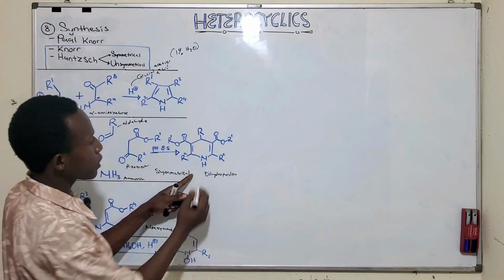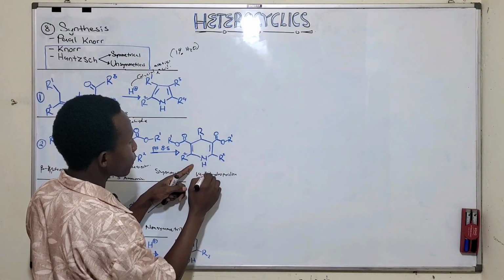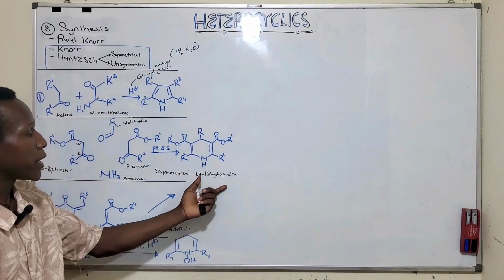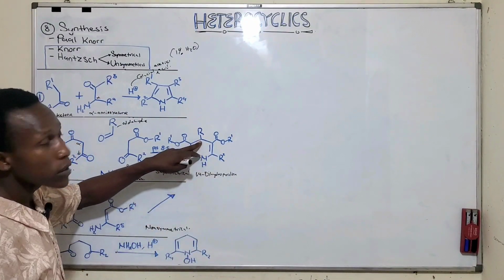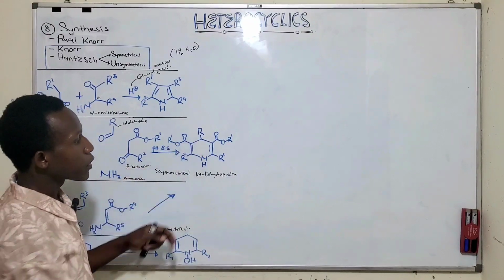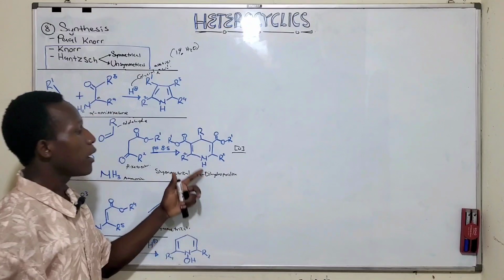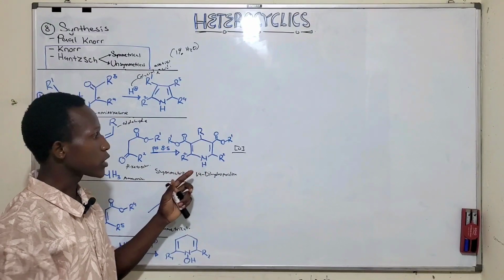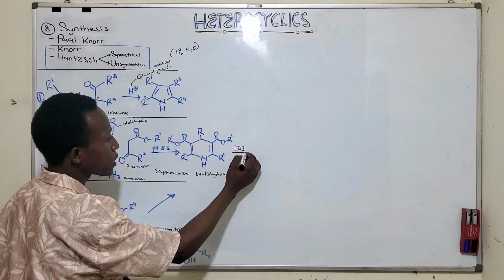Or you can call it, this is position 1 and this is position 4: 1,4-dihydropyridine. You see that this nitrogen is saturated and this carbon is saturated. But in the presence of an oxidizing agent, we can form pyridine, the unsaturated one. All the atoms are unsaturated in the presence of an oxidizing agent.